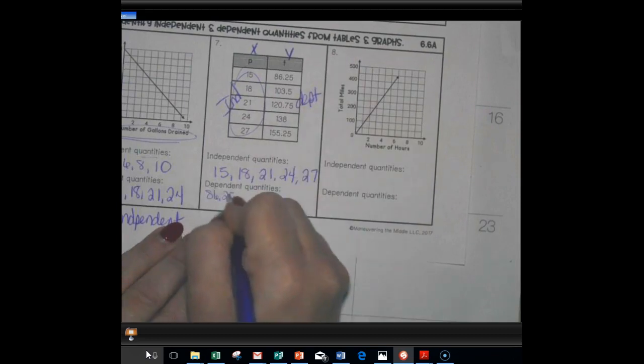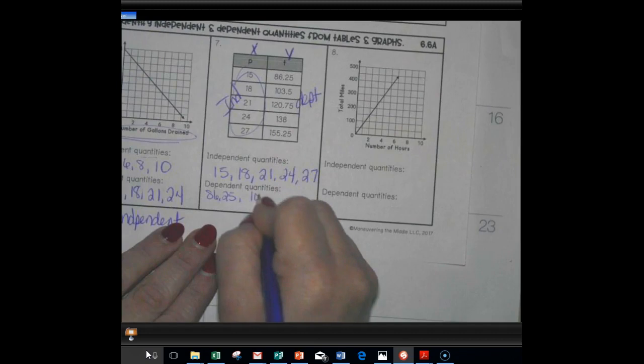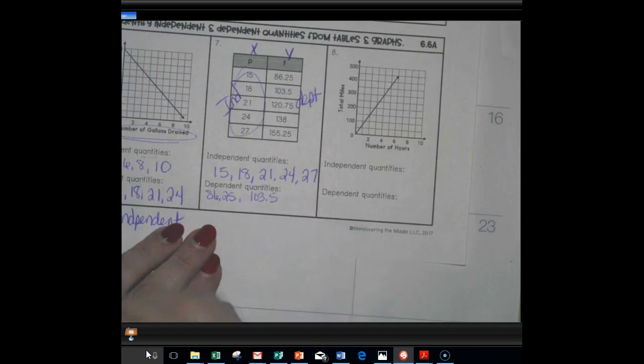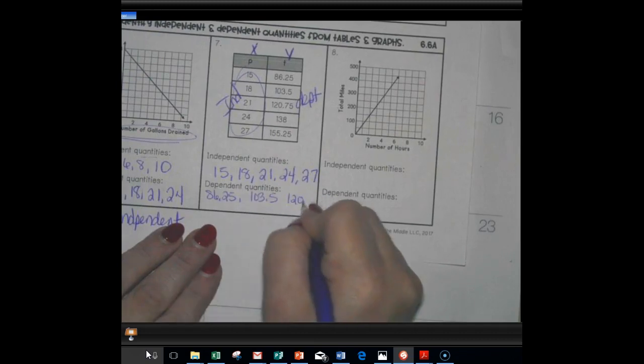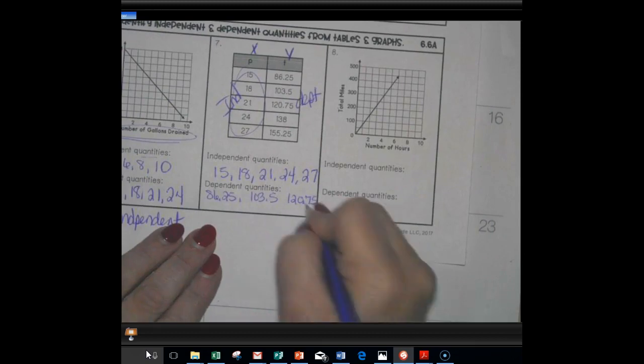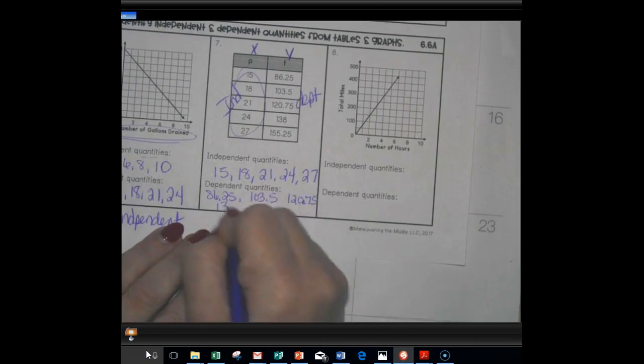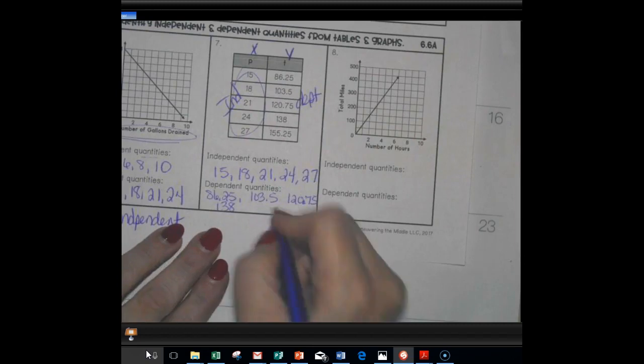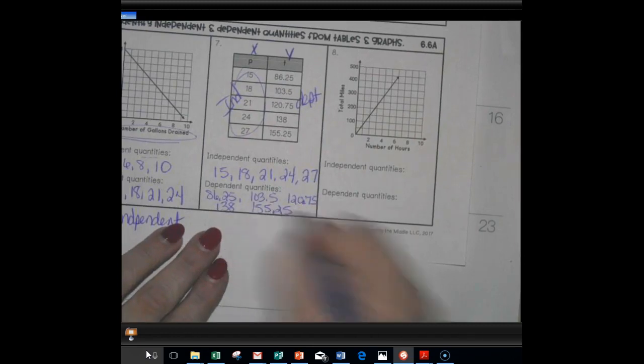So 86 and 25 hundredths, 103 and 5/10, 120 and 75/100, 138, 155 and 25/100.